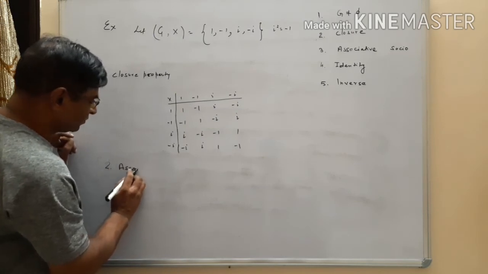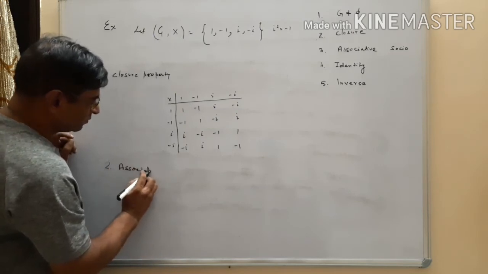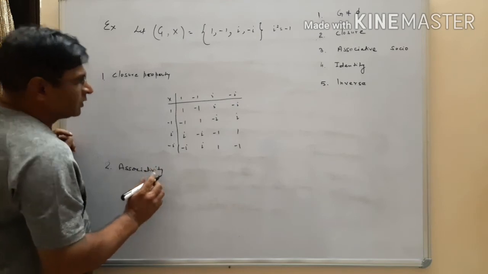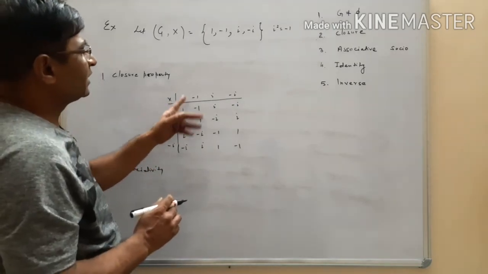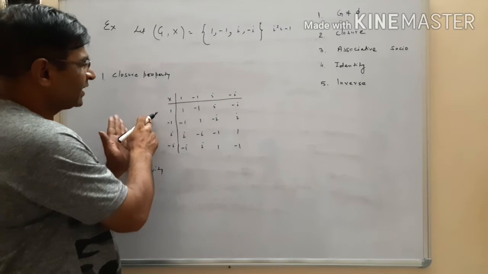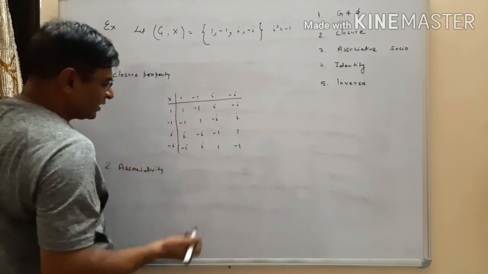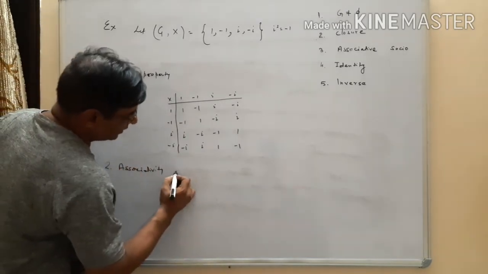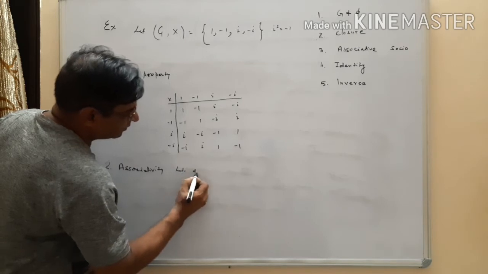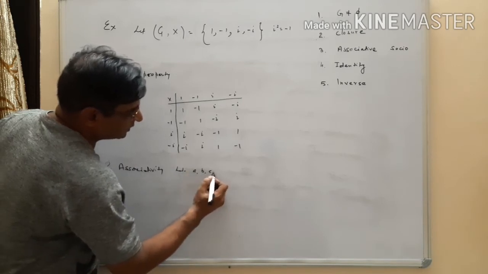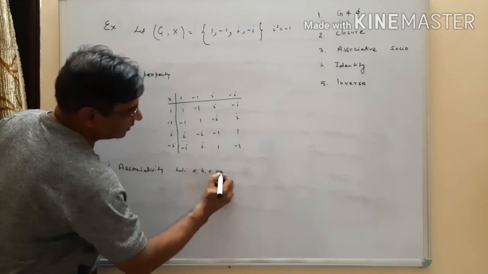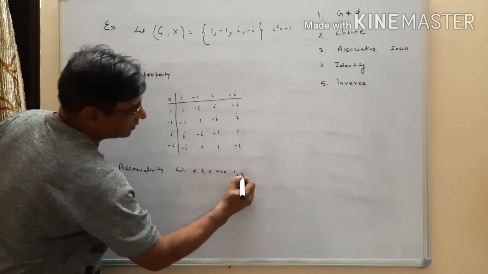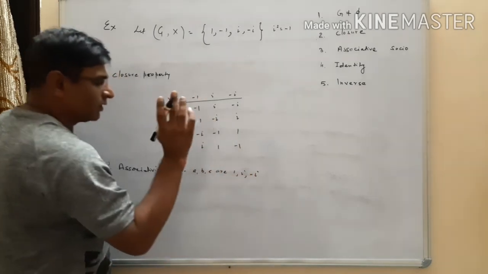Similarly, associative. I can multiply from the left side and I get the same result. For example, let A, B, C be 1, iota, minus iota.